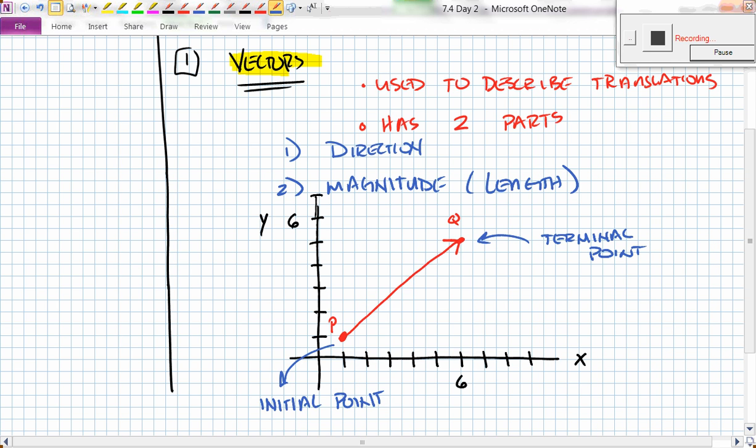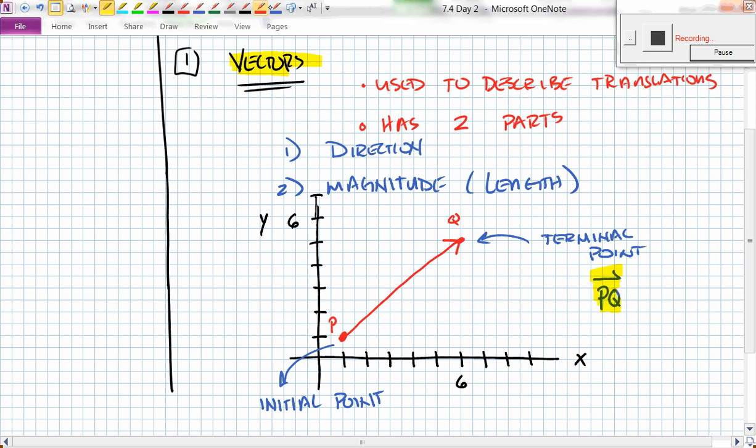And the way that we describe vectors now is like this. We say PQ, so going from P to Q, where P is the initial point and Q is the terminal point. Then we put a little line with a little tiny arrow backwards. So that represents vector PQ. Vector PQ is represented like that, with a little hat that goes backwards. Yeah, half an arrow, right?